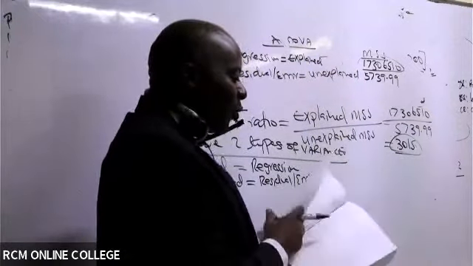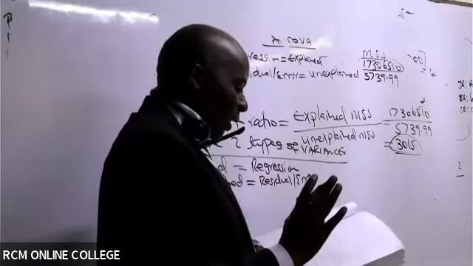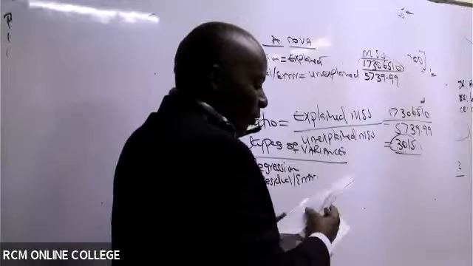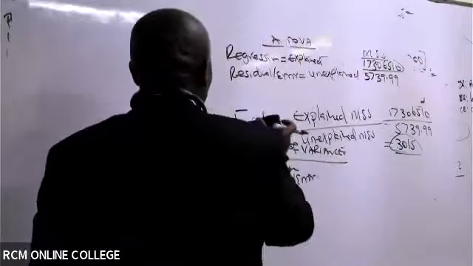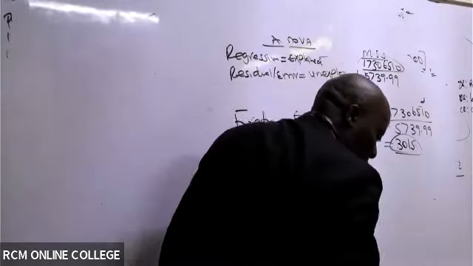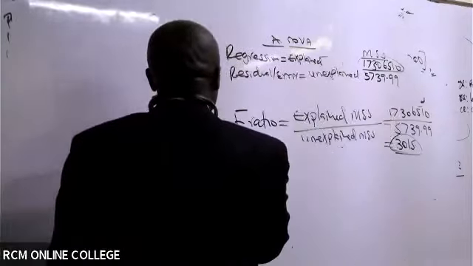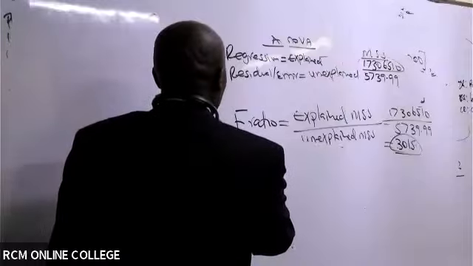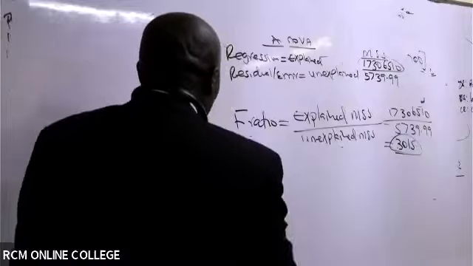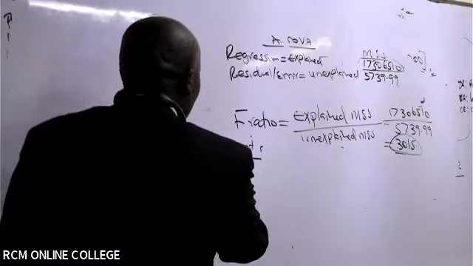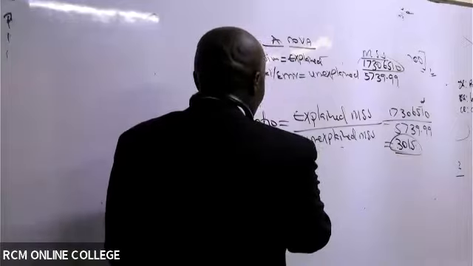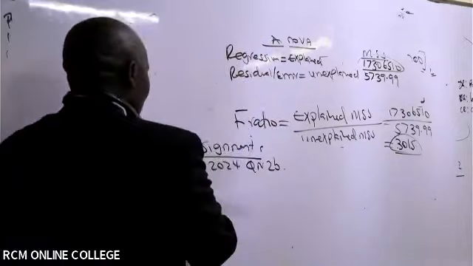I'll give you two questions here, before I even finish, as your assignment, for you to understand what I'm talking about. You'll be able to get everything we have discussed in these two questions, and assignments must be done. So assignment number one: August 2024, question number 2B.